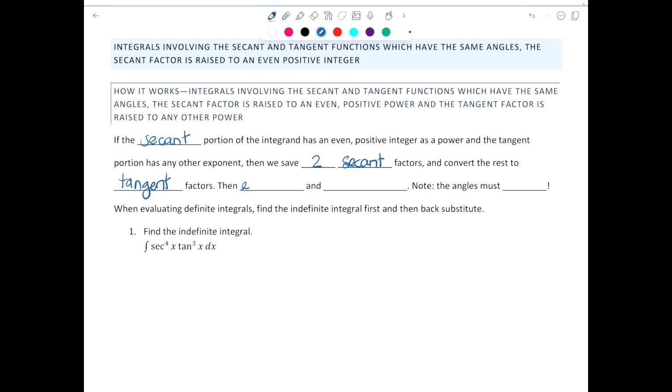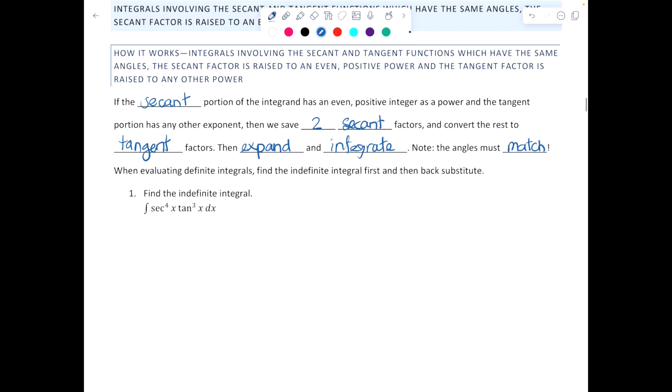Then expand and integrate. The angles must match.